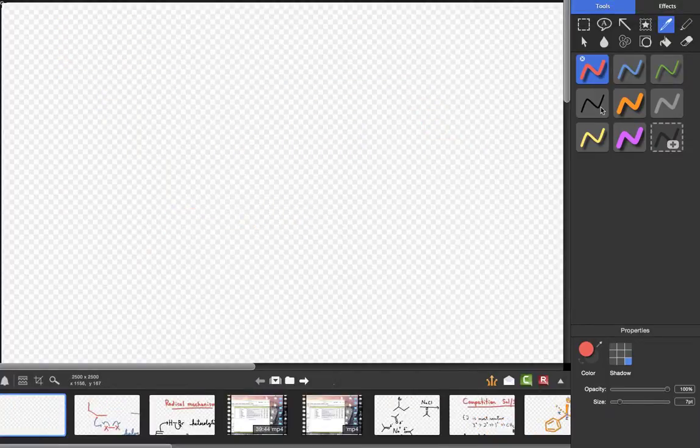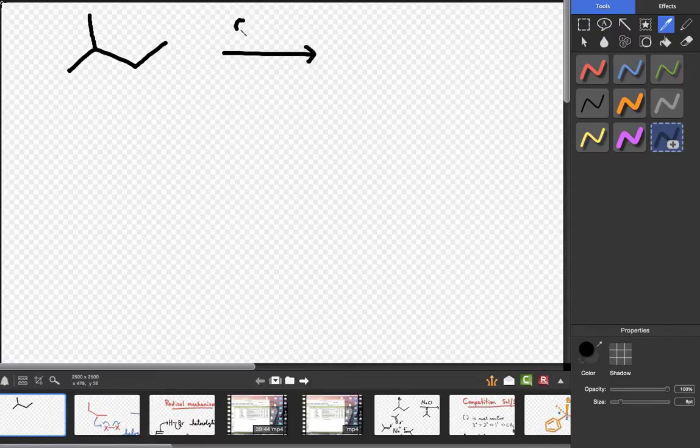So in the model reaction, I'm going to use an alkane that is asymmetrical. I am going to react this alkane with Cl2 in the presence of light.